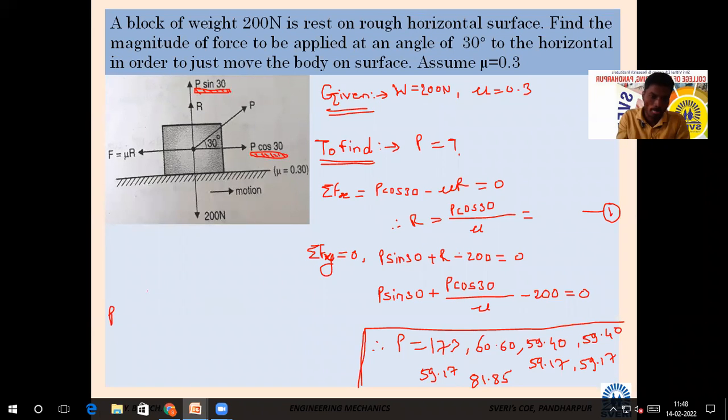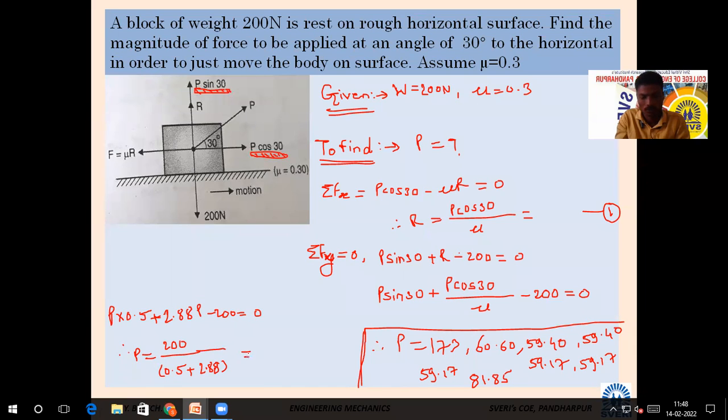Then plus, what is the value of p cos 30 divided by mu? 2.88. Okay, 2.88 p minus 200 equal to 0. So what will it become? P is equal to 200 divided by 0.5 plus 2.88.